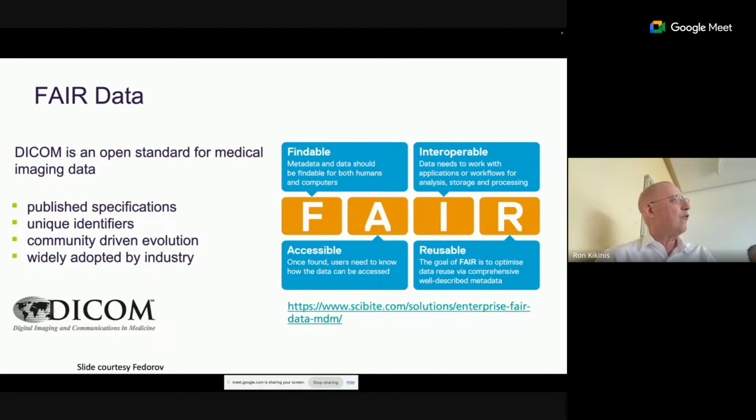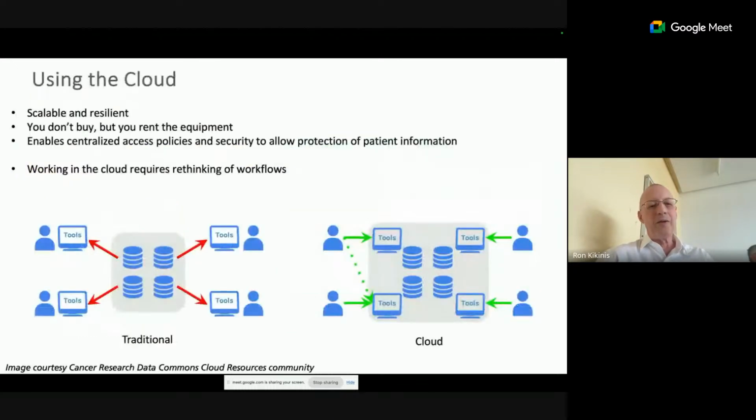And there are efforts both in Europe and in the US. The one that I'm involved in is the Imaging Data Commons, which is funded by the National Cancer Institute in the US, and it is an entirely cloud-based resource.